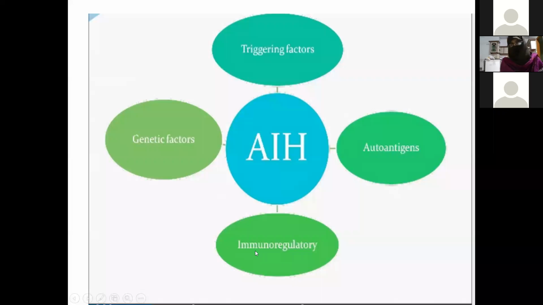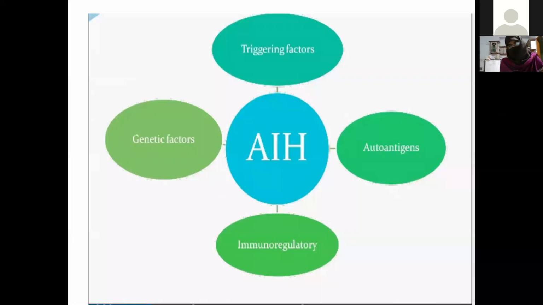So by looking at this slide, we can say that autoimmune hepatitis is like any other immune disease in which the etiology is basically the combination of all these three. इसके triggering factors क्या होंगे? जब भी हम immune mediated disorders body में पढ़ते हैं, उनके triggering factors क्या होते हैं? उनके triggering factors होते हैं either the toxins, drugs, or viral infections.